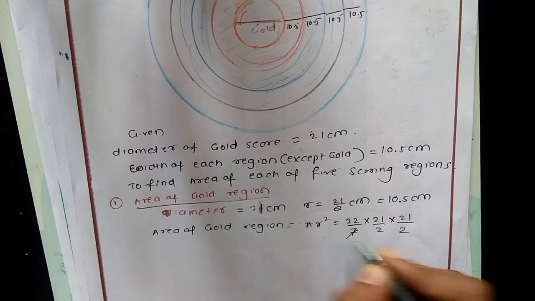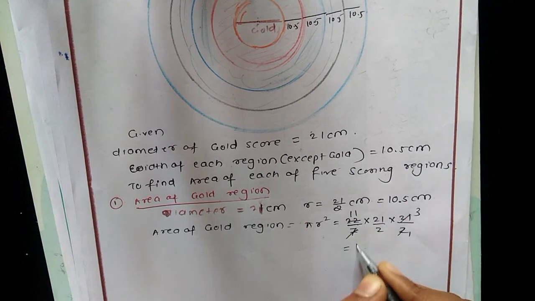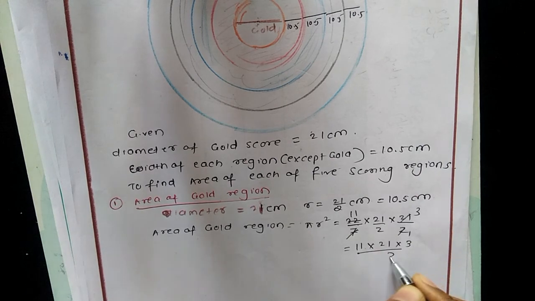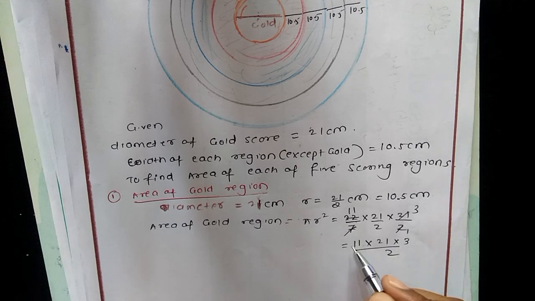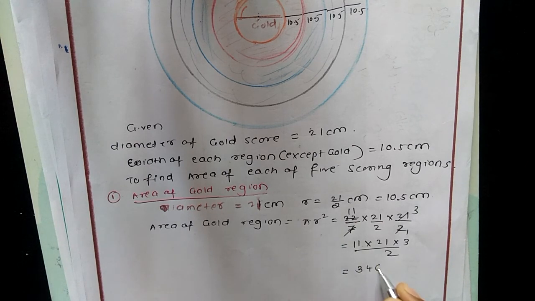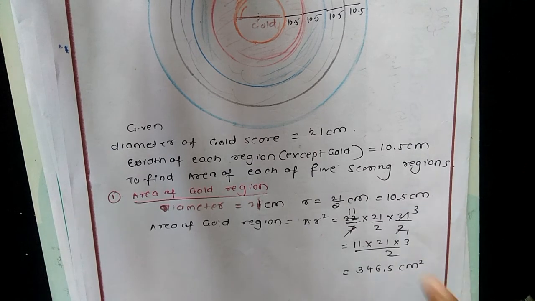7 ones are 7, 7 threes are 21. Here 2 ones are 2, 2 elevens are 22. So 11 will remain, into 21, into 3, divided by 2. Now we cannot divide this 2 with any of the numerators, so multiply all the numerators and divide by 2. If we calculate, we'll get the area as 346.5 centimeter square. Why? Because our radius is in centimeter.